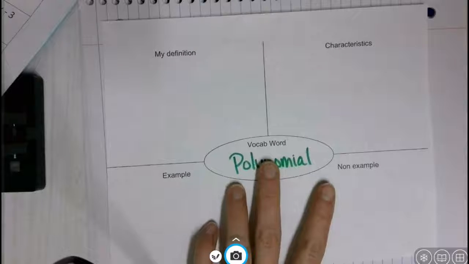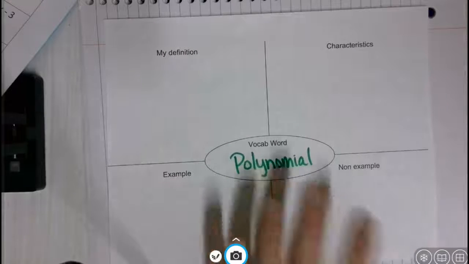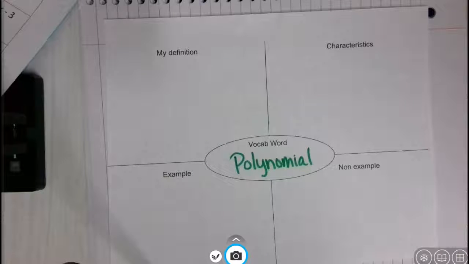Okay, so we're going to do some vocab, and this is going to be really specific vocab today. So make sure that you have everything that we're going to need. Okay, so a polynomial is, I'm going to read us the definition from the book, and then we're going to put it in our own words. So a polynomial is a monomial or sum of monomials. Each monomial is called a term of the polynomial.